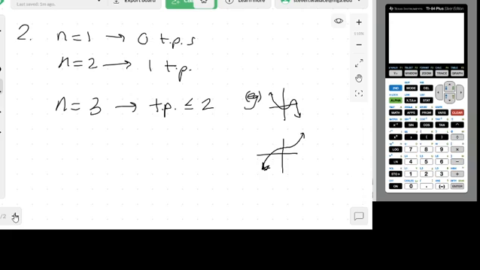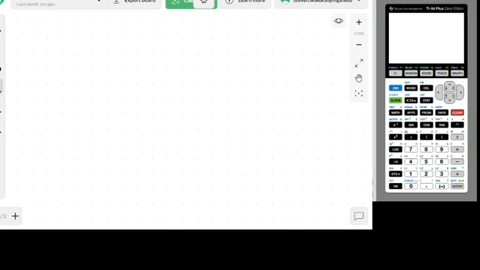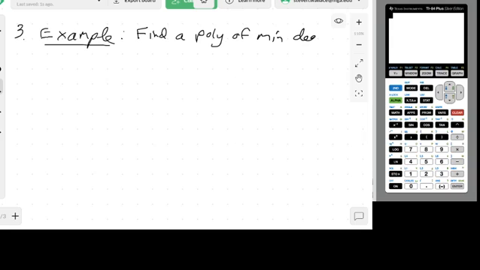Okay, so when else is this important? Well, say we wanted to model some data. So for instance, say we wanted to find a polynomial function of minimum degree, and that minimum degree thing's kind of important, that models the data.